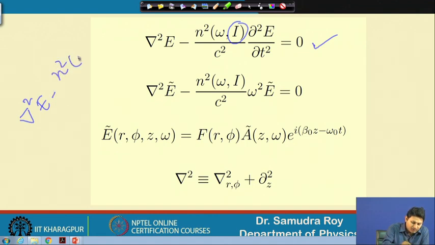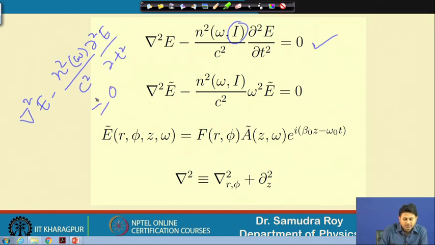It was just omega, and when refractive index is represented in terms of omega only, that means this is a linear case. So, we are having the same kind of expression even by introducing nonlinearity, but here you should remember that the n is now a function of intensity also.